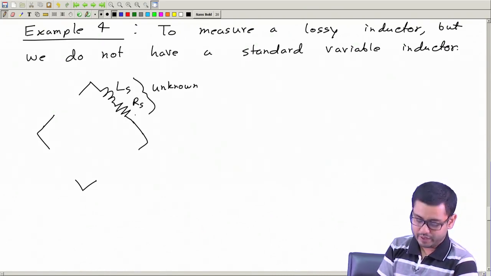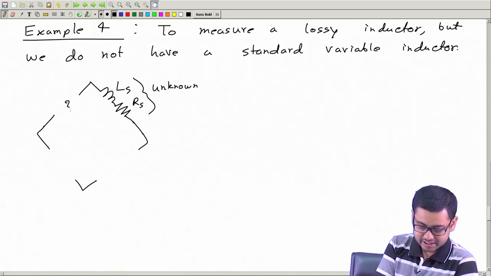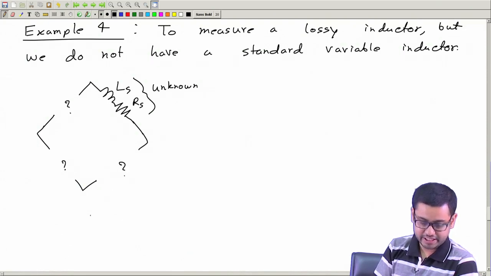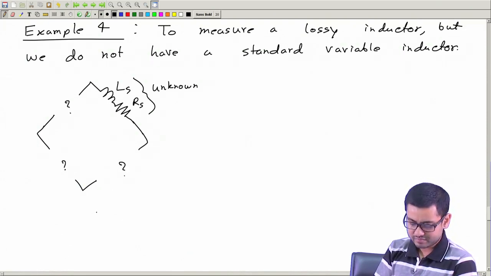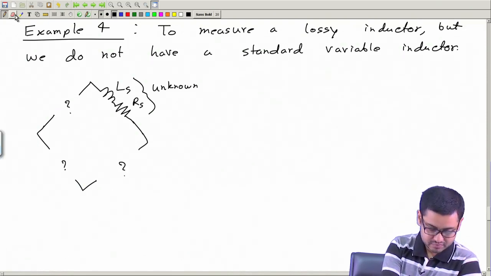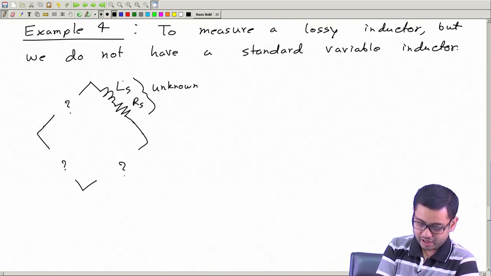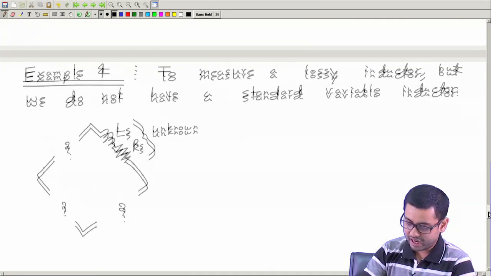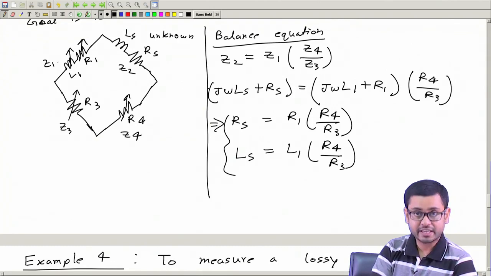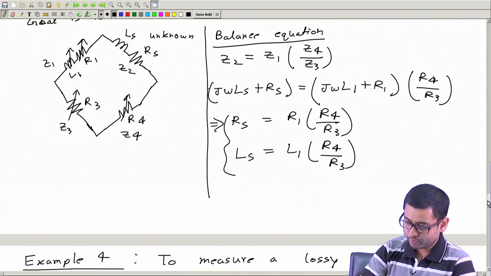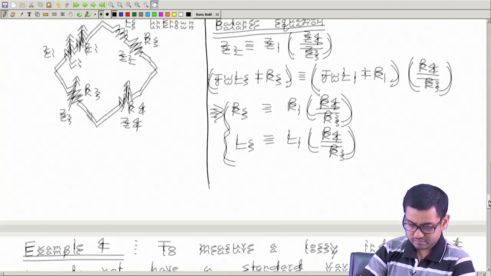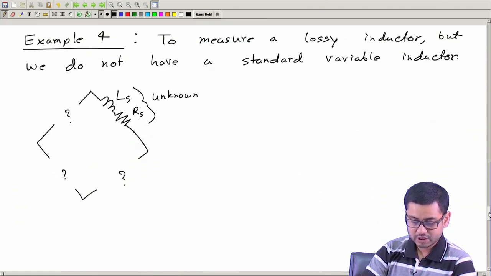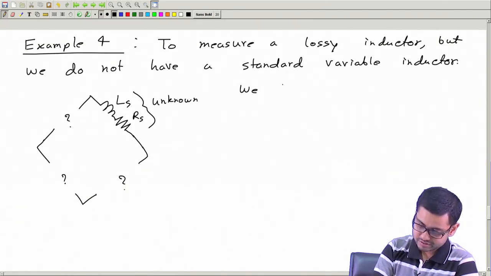Put it anywhere you like among the 4 branches, and now the task is to find what the other arms should be. Okay. Now, we cannot use a variable L and R as we did here, that is not available. So, what can we do?